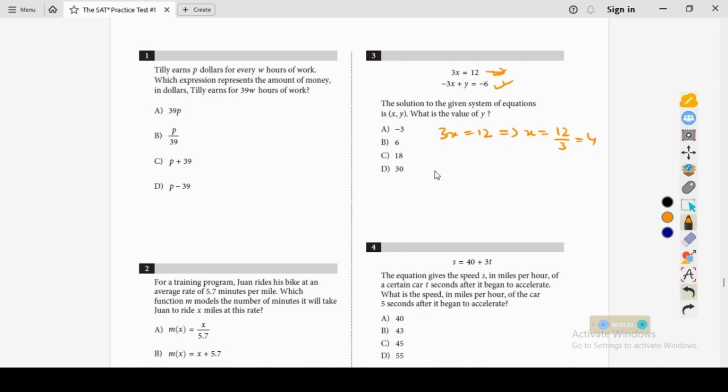Our second equation is minus 3x plus y equals minus 6. It becomes minus 3 times 4 plus y equals minus 6. So y equals minus 6, and this value becomes minus 12. When we move this value to the right side, it becomes plus 12, and the answer is plus 6. So B is the correct answer.